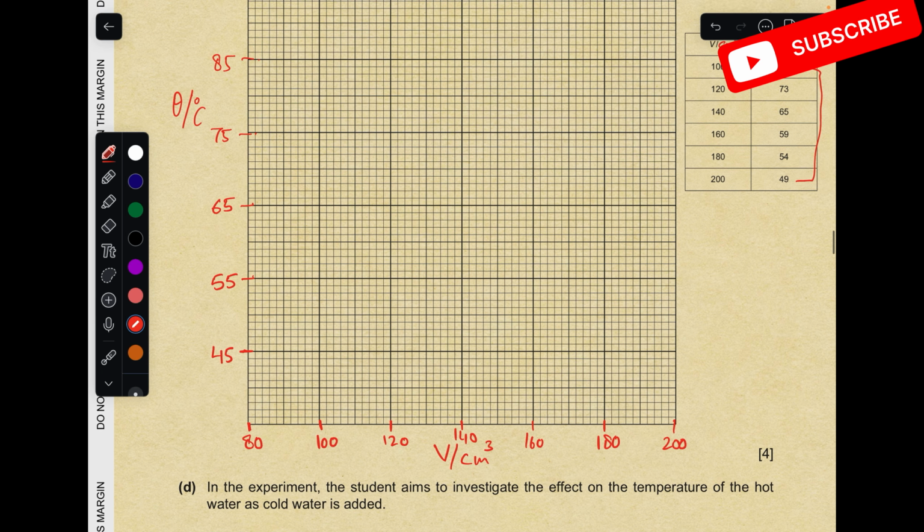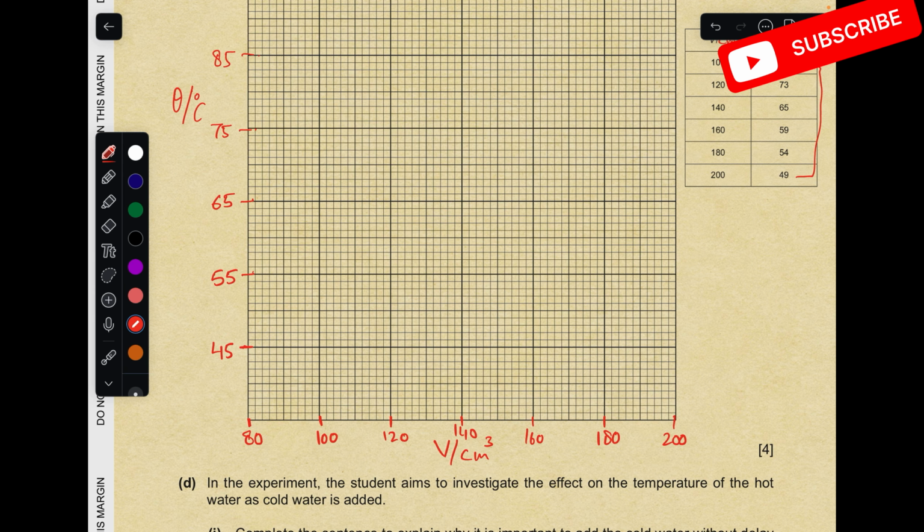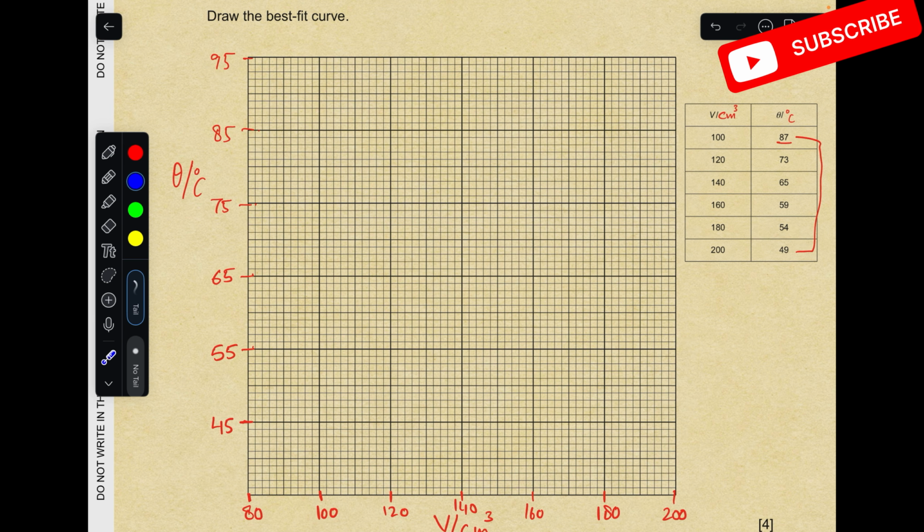Okay, so let's move forward. The first point we have is 87 and 100. If this is 85, this is 86, this is 87, so 87 will be this point, and 100 will be there. You have to make a cross or a dot. Then you have the second reading, that is 120 and 73. 120 is here, 73 will be here. This is 75, this is 74, this is 73.